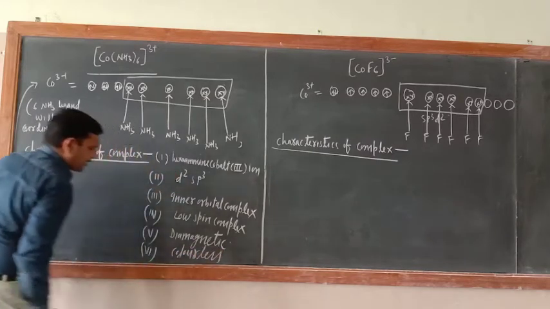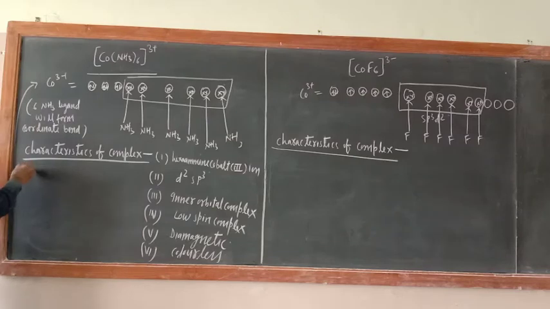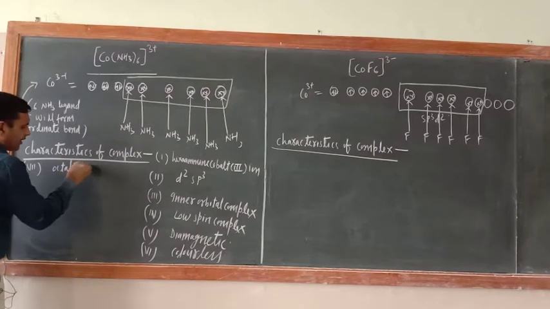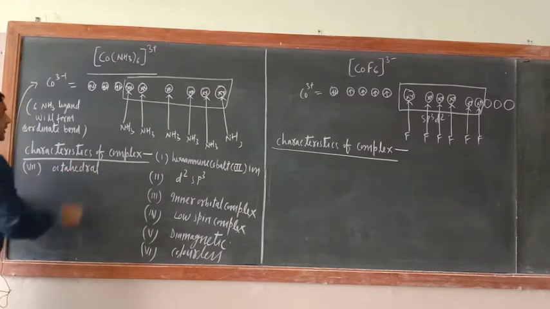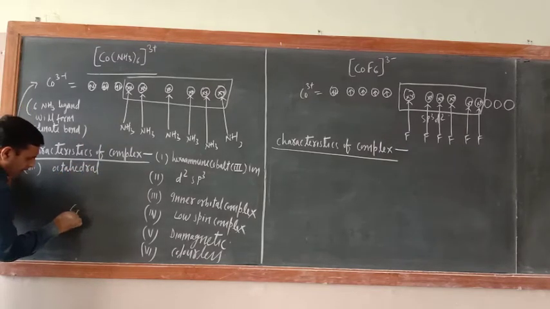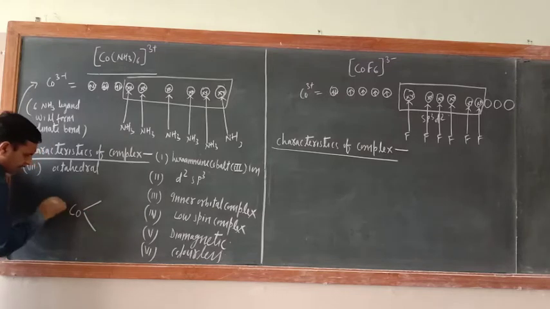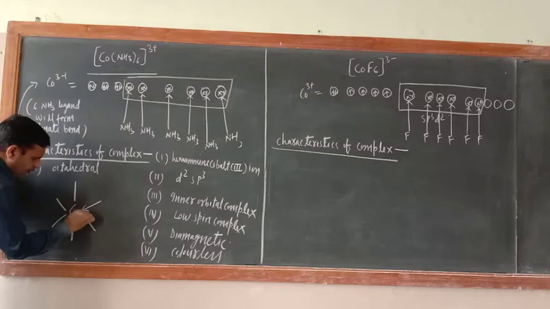Colorless. Now seventh, what would be their geometry? Octahedral. Make the shape. Now cobalt, octahedral like that. This and this. Now coordinate bond.